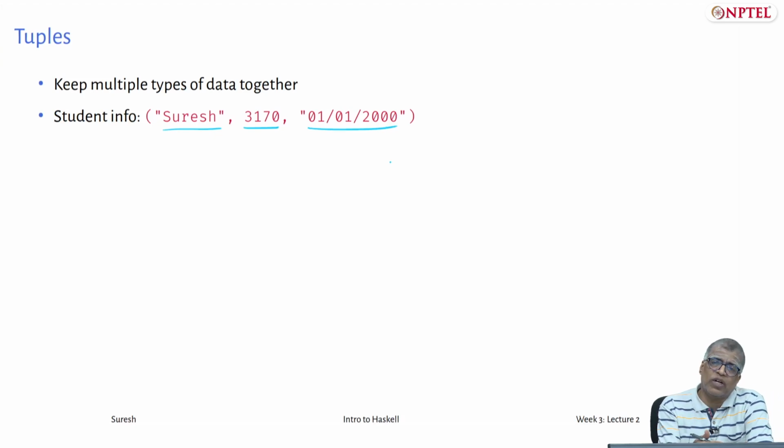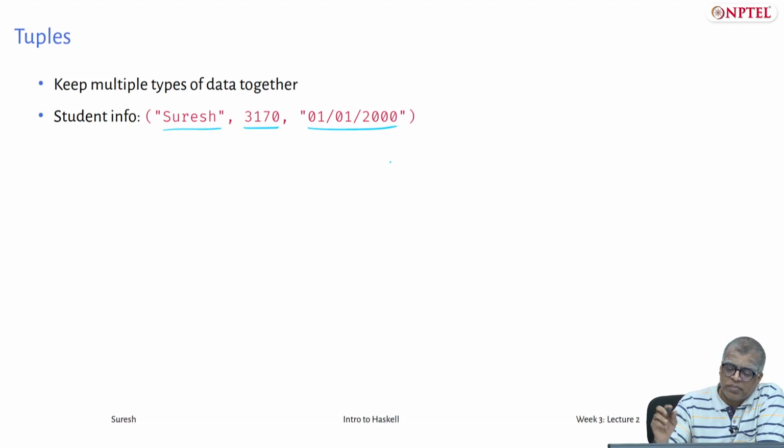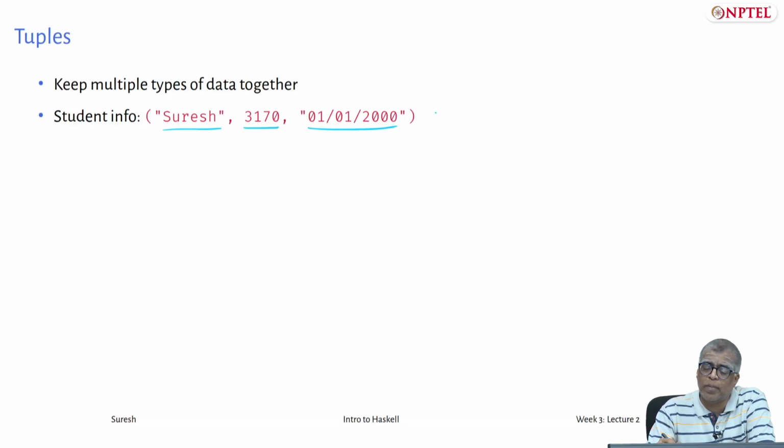This is some fictitious Suresh because clearly my date of birth is not Jan 1 2000. Okay, good. So this is of type string comma int comma string, it's a triple.